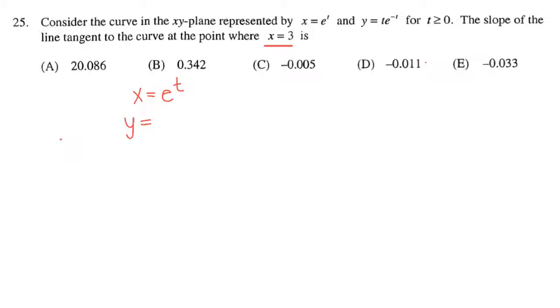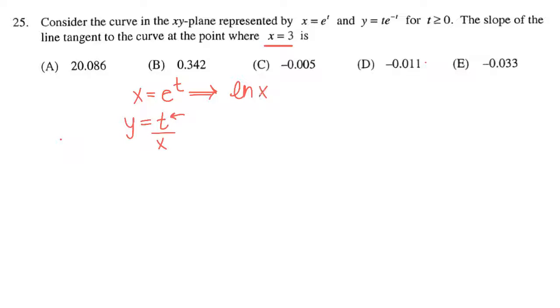So y equals t over e to the negative t. So this is really going to be y equals t over x. But we still need to solve and get rid of t. So we can rearrange this equation and take the natural log of both sides.